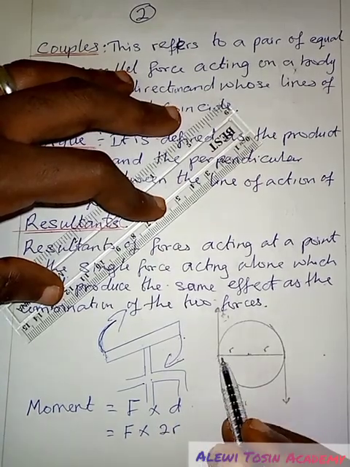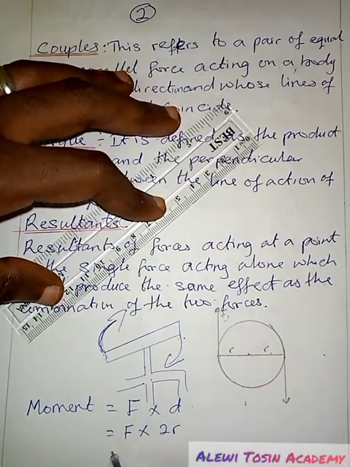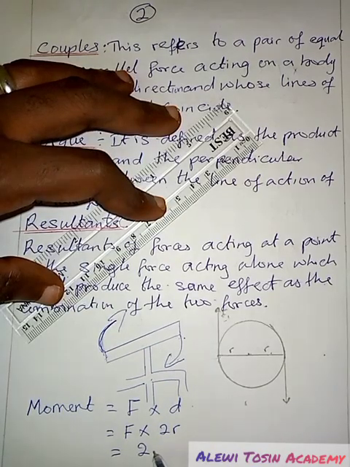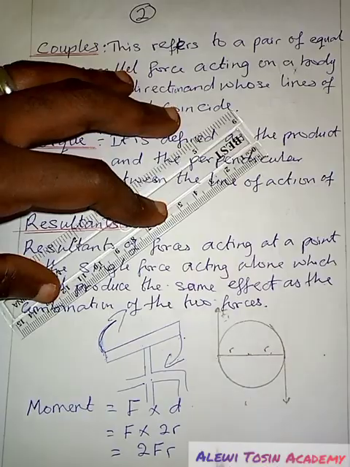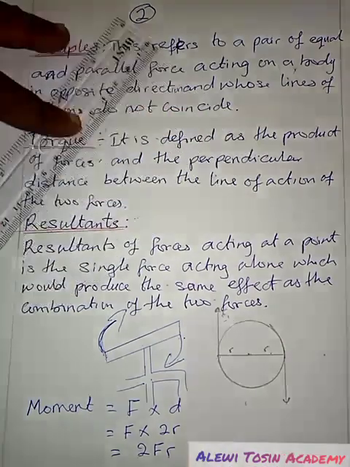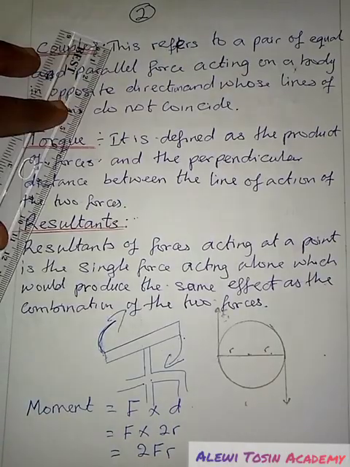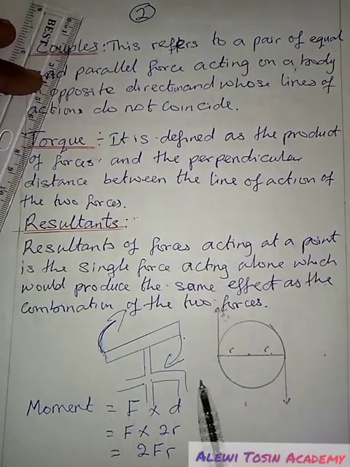It is 2R because this is 1R, this is another R, so it is 2R. So you can see that the moment here is 2FR, where R is the radius of the circular object. So that is for torque.